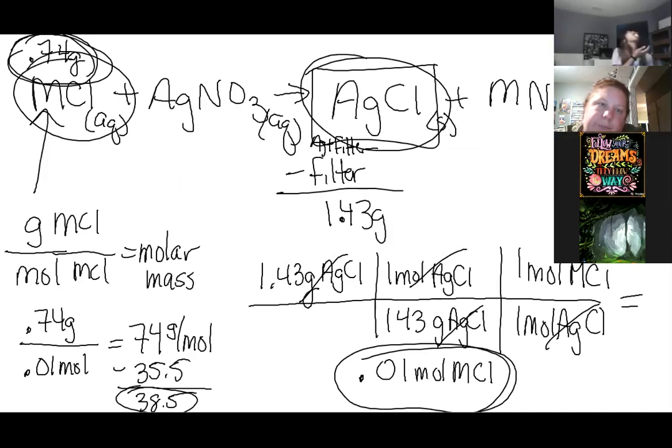This is the one that says a chemist needs to determine the empirical formula.